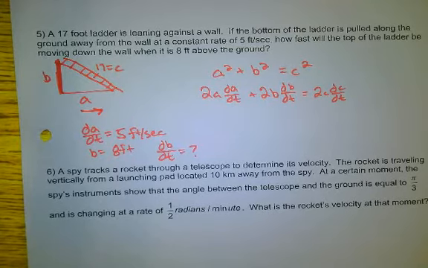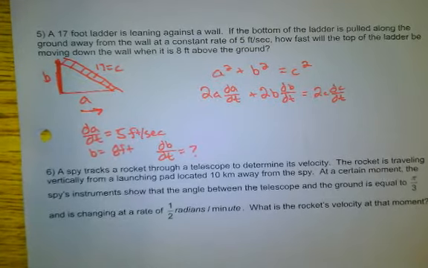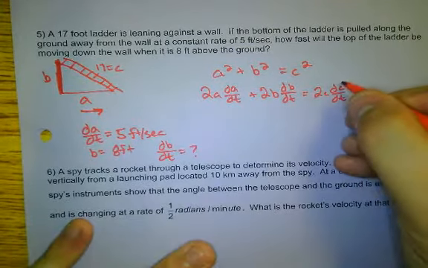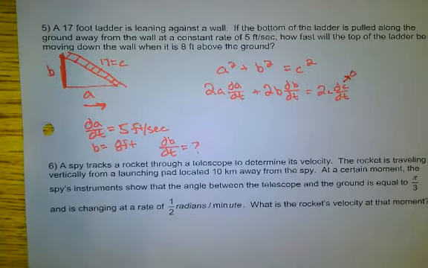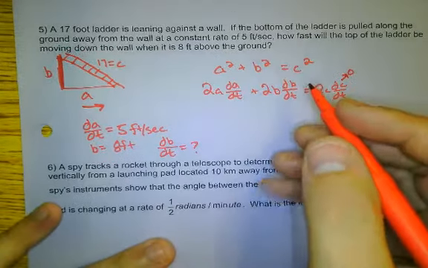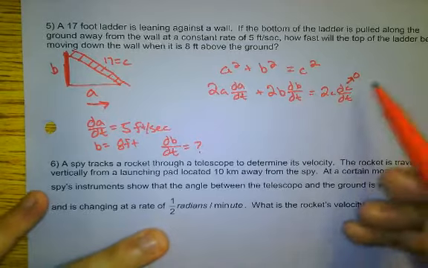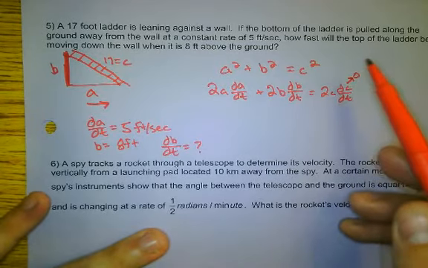What's dc/dt? This is the rate at which the ladder is changing. The ladder is falling. Is the ladder changing size? The ladder is not changing size. This is 0. How much easier does that make this problem? So the right-hand side is 0 because the ladder's length is a constant.